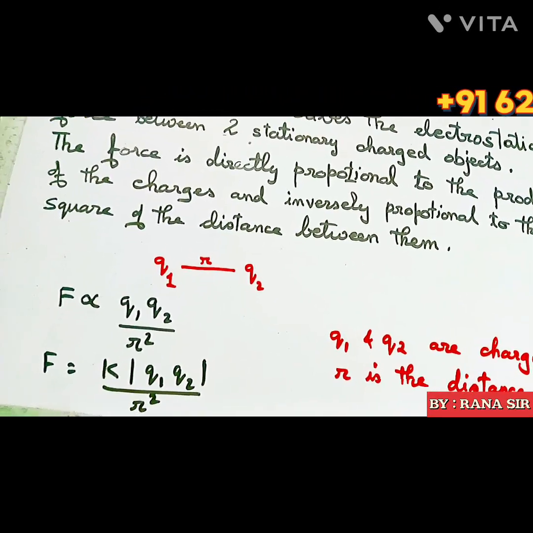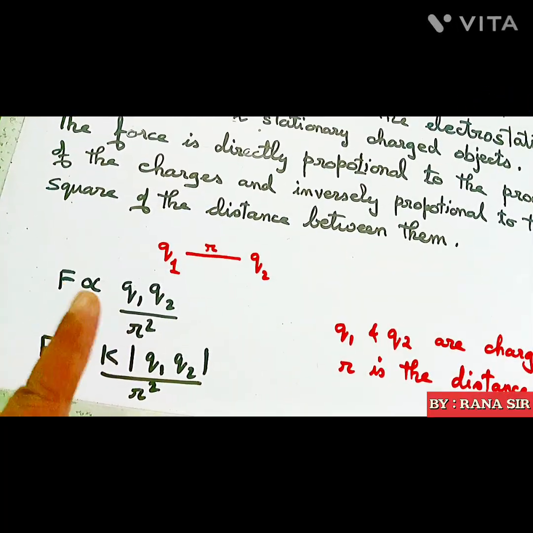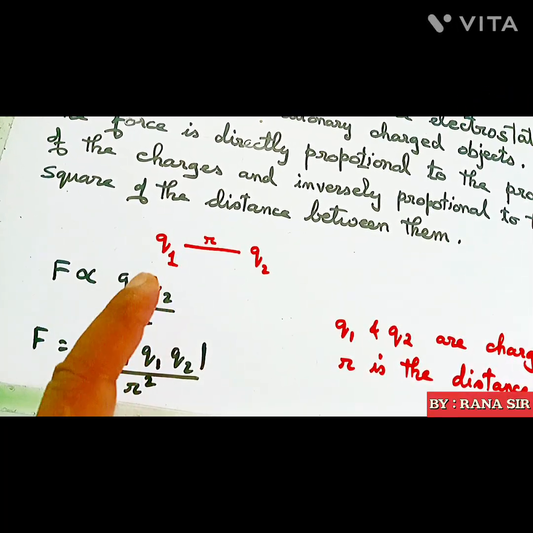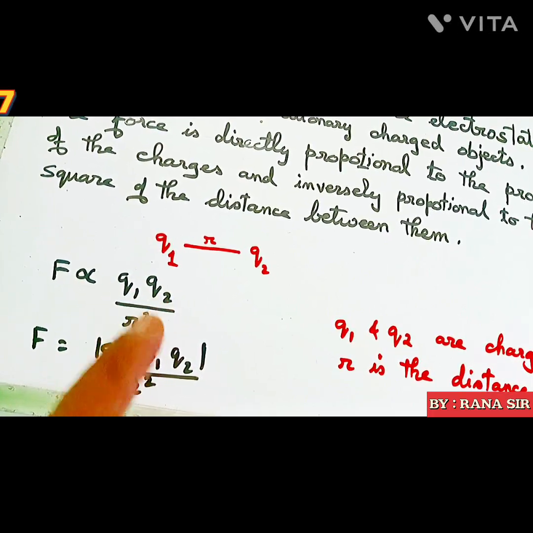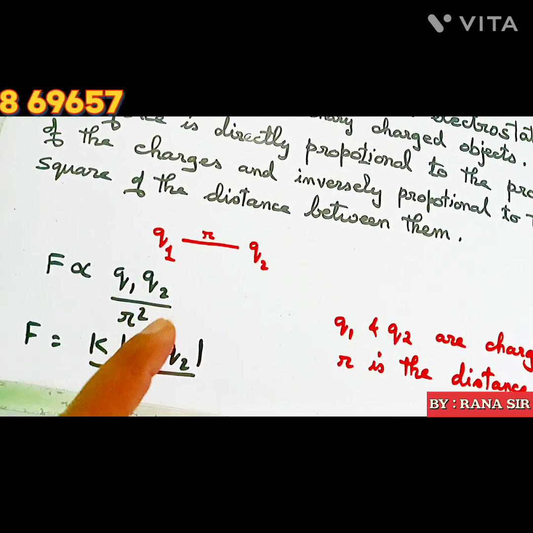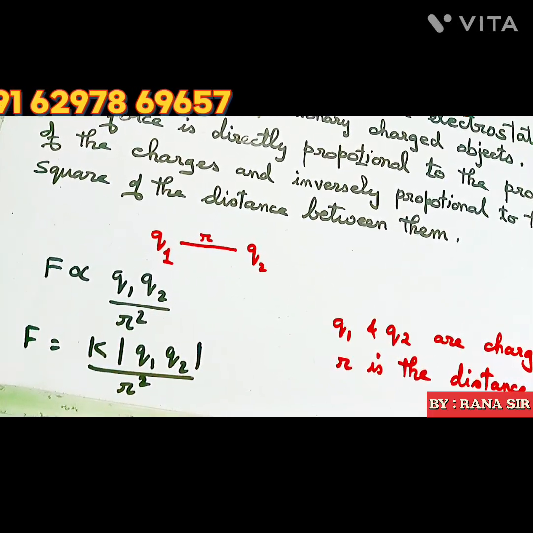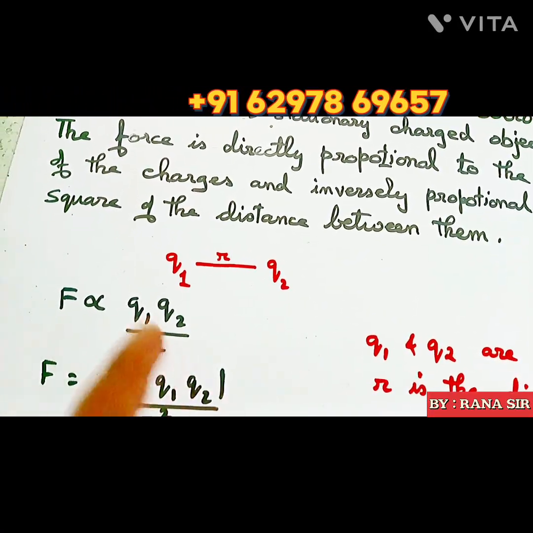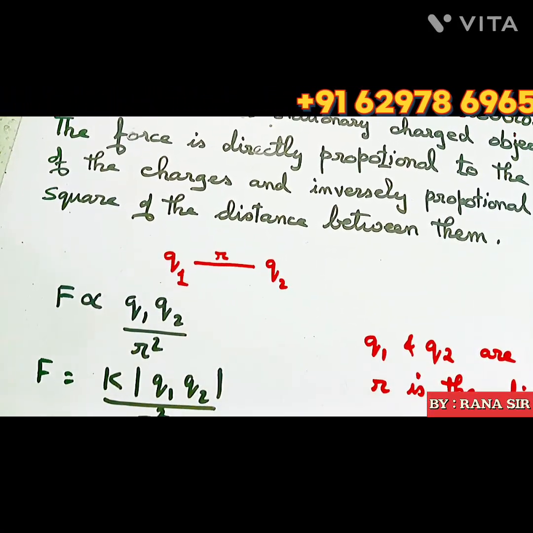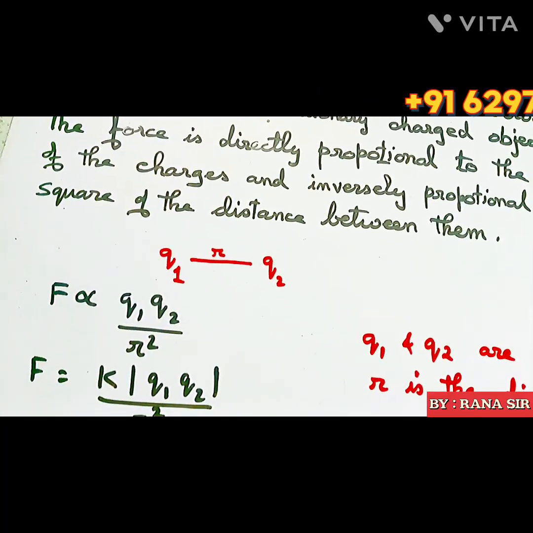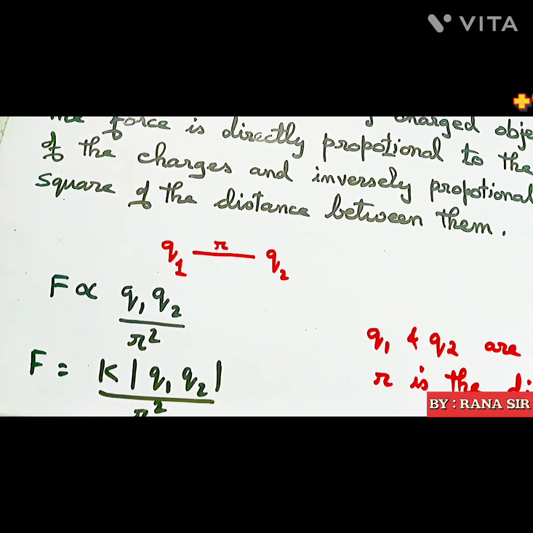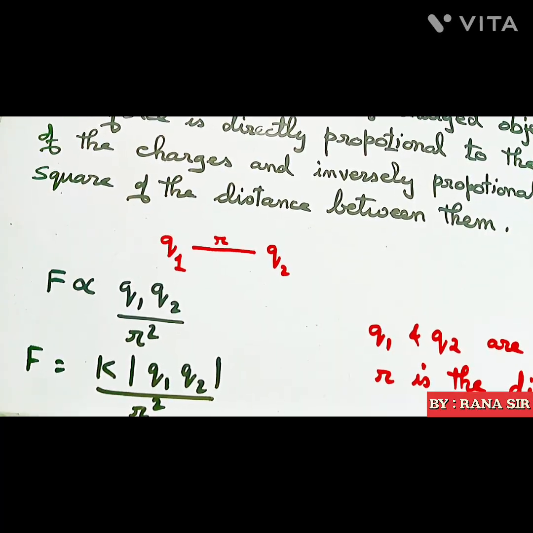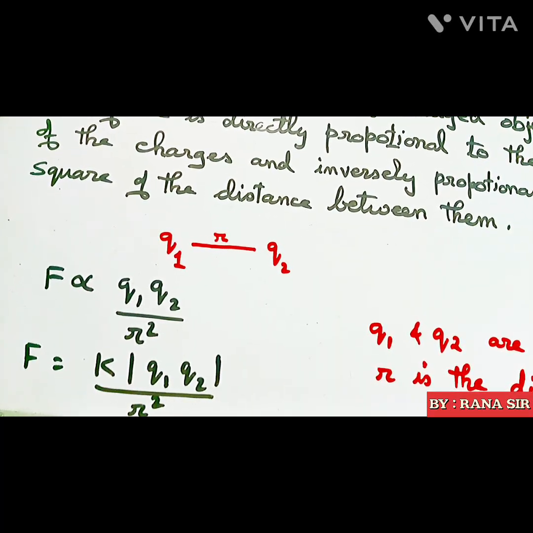So likewise, this is the proportionality sign. Force is directly proportional to the product of the charges Q1 and Q2 and inversely proportional to the square of the distance between them. Q1 and Q2 are charges and R is the distance. So F is directly proportional to Q1 into Q2 divided by R square.